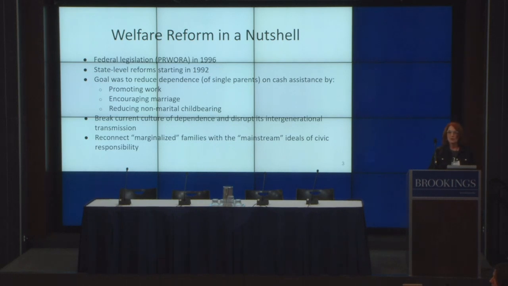And the goal of welfare reform, and it is still today, was to promote work, encourage marriage, and reduce non-marital child bearing. The program was not to help needy, was not to provide financial assistance. That wasn't the primary goal or even the secondary goal of welfare reform.